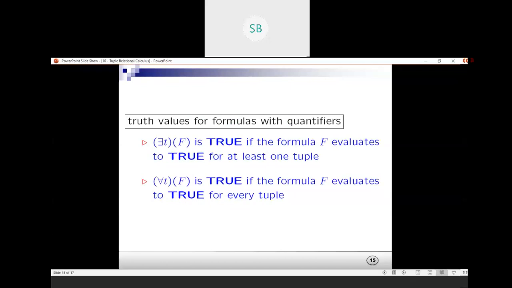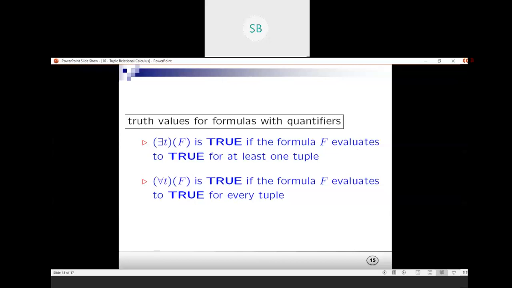Now, when we use the existential quantifier, there exists t, the formula f is true if f evaluates to true for at least one tuple. This symbol is known as there exists, as I told you.